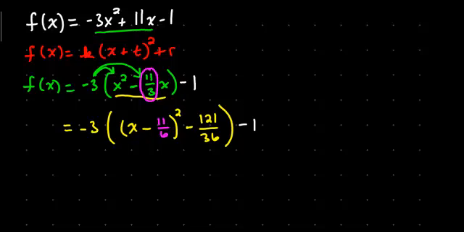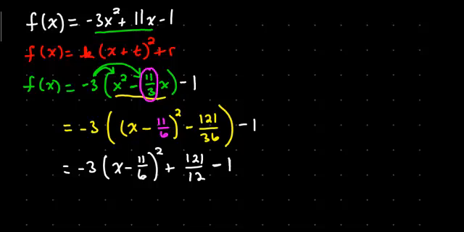Now I just need to distribute that negative 3 and I will be done. So this is going to equal negative 3 times (x minus 11 sixths) squared plus, the negative times the negative 121 is going to be plus. 36 is 12 times 3, so the 3's are going to cancel. It's going to be 121 over 12, and then I still have the minus 1 out here. Take your time, make sure you see that.